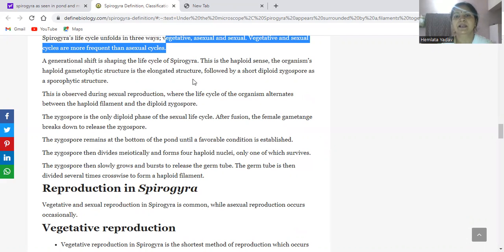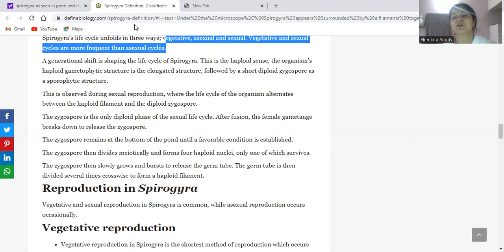The organism is haploid; the haploid gametophytic structure is an elongated structure, followed by the short diploid zygospore. Means mostly the life cycle of Spirogyra is haploid, and most of the algae have a haplontic life cycle. They spend a lot of their lifetime in the haplontic phase.